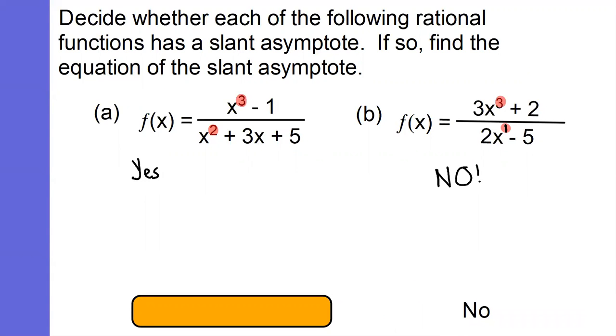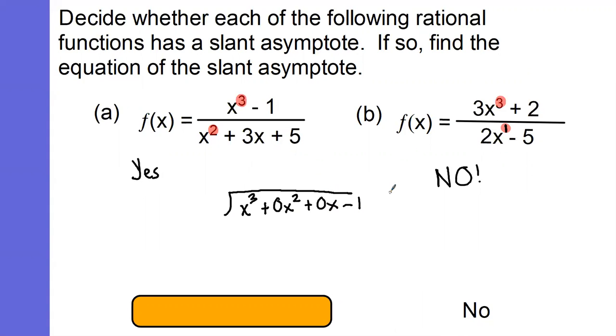All right, now let's actually calculate my slant asymptote for this function. So I'm going to set up my long division. I've got x cubed, and we can put some placeholders in here, so plus 0x squared plus 0x minus 1.